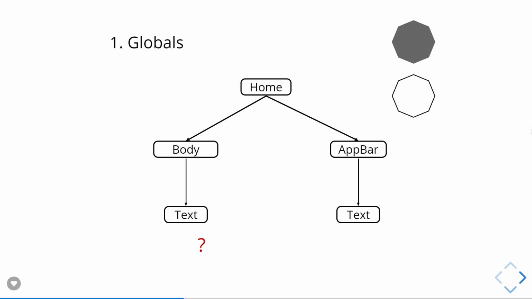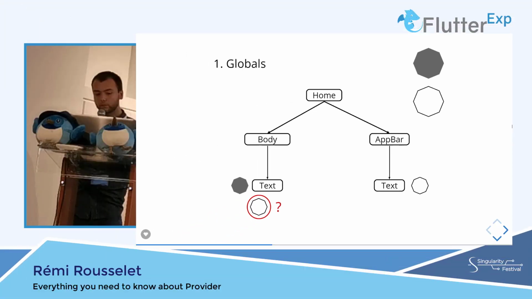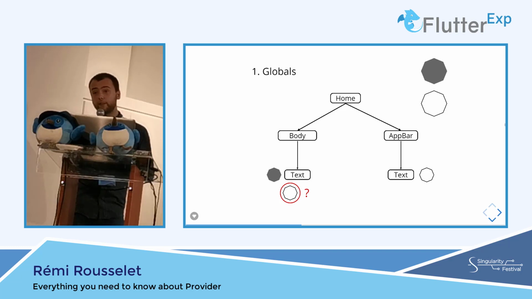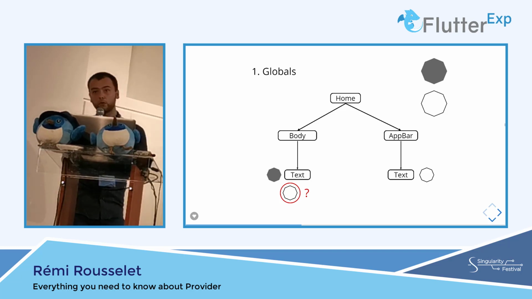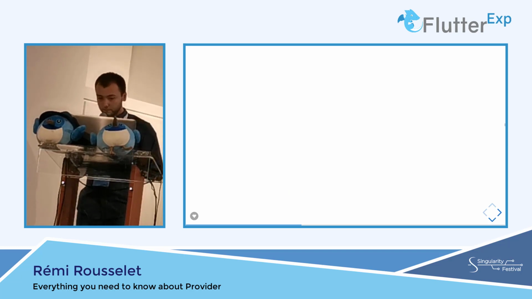Then we find ourselves in a weird position, because our text here must have a different color from our text here, which means that we had to manually specify to each text which colors they need to use.